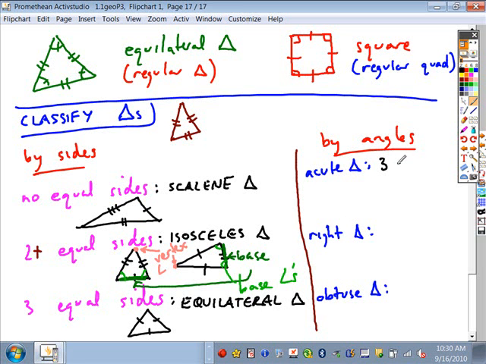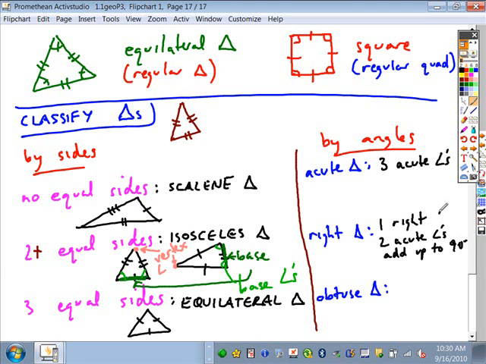So all three are acute angles in that triangle. What about a right triangle? How many acute angles do you have in a right triangle? You have two acute angles. And what are those two acute angles going to add up to? 90 degrees.